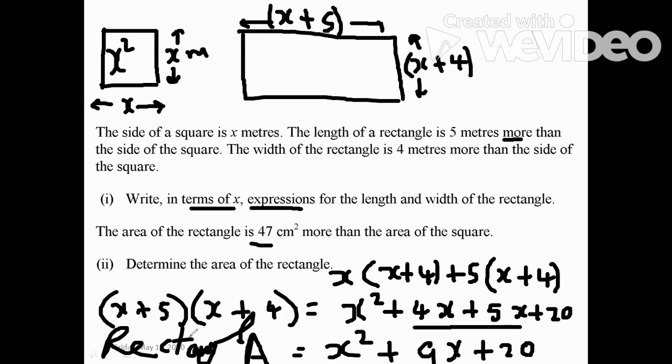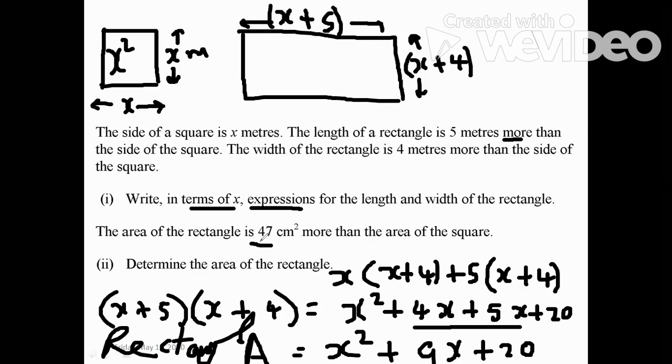All right. So let's get back to this now. So they say that the area of the rectangle is 47 centimeters square more than the area of the square. All right.